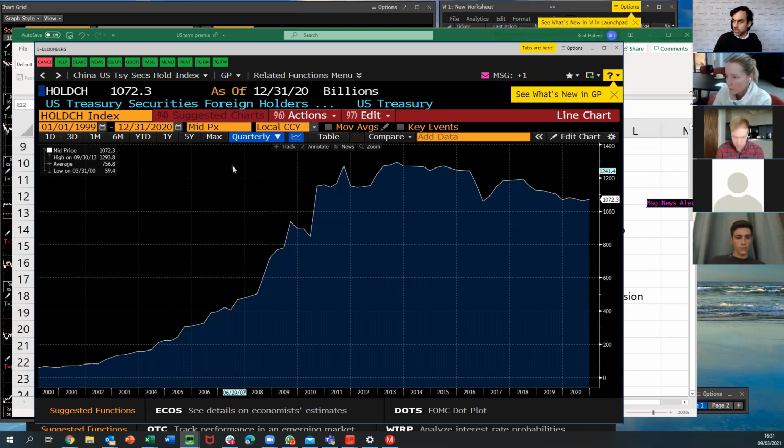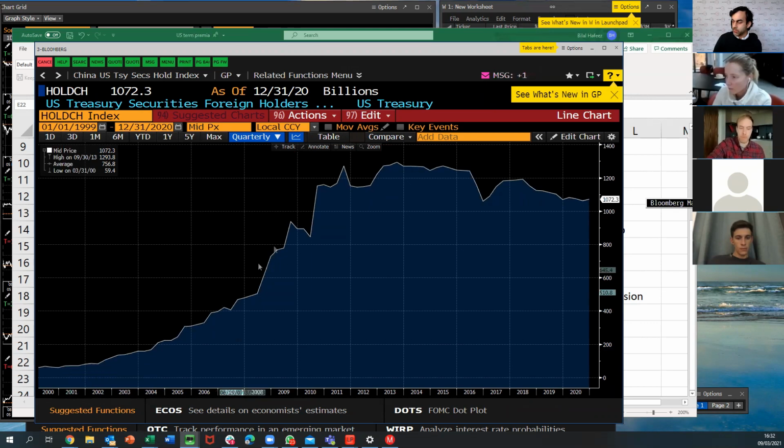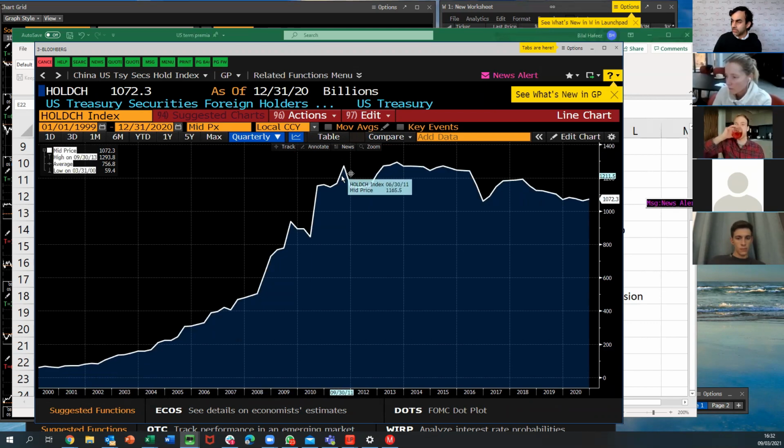Back in the year 2000, the Chinese held around $80 billion of US treasuries. By 2010, they held $1 trillion. So they increased their holdings of treasuries by $1 trillion in 10 years.